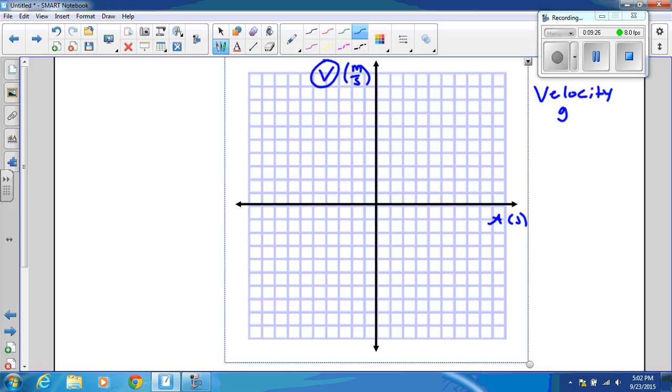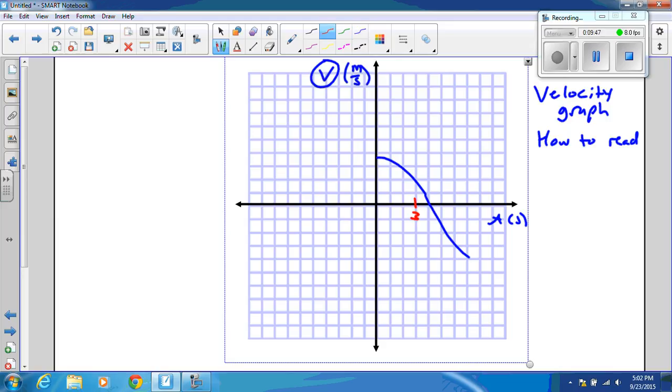And this is velocity versus time. And let's make our velocity graph be like so. Velocity graphs are a little bit harder to read.